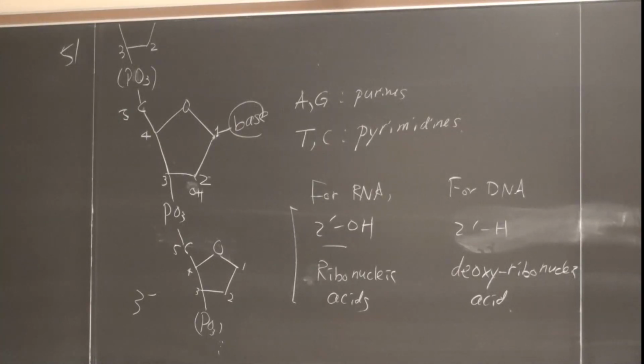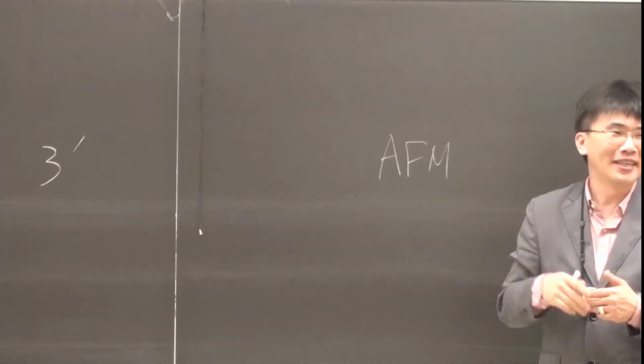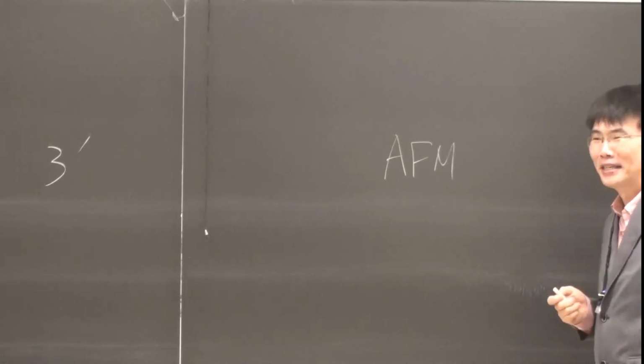For example, if you write AFM, it can mean one of two things, antiferromagnetism or atomic force microscope, and they just expand it without looking at the context. So you can get misleading information.